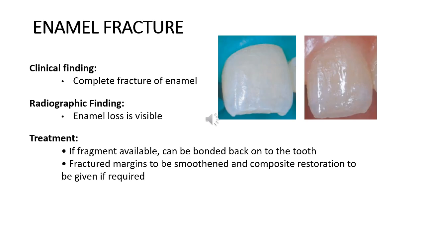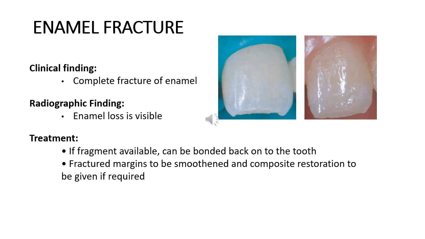Next up is the enamel fracture. A complete fracture of the enamel is known as an enamel fracture. Clinical features are that you usually encounter loss of enamel, and there is no exposed dentin. Neither is there any tenderness to percussion, and normal mobility is seen. A pulp sensibility test is usually recommended.